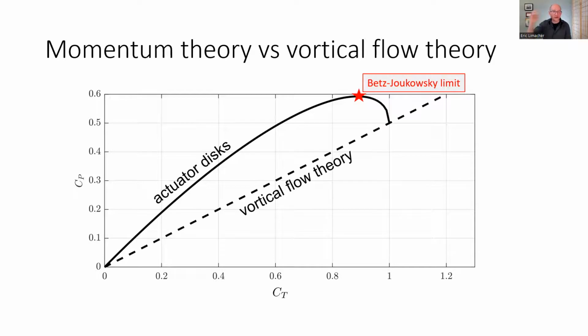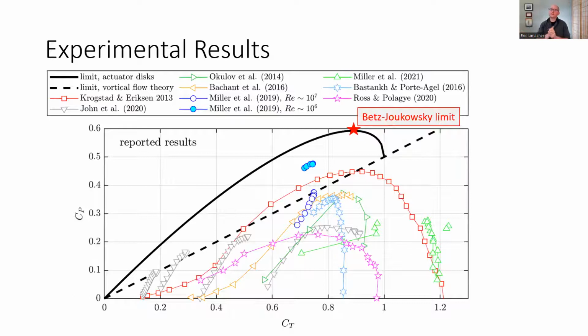Of course, if we let ourselves imagine thrust coefficients usefully generated in excess of 1, perhaps even in excess of 1.2, it is conceivable that we get power coefficients even greater than the Betz-Jakosky limit. And this would be most relevant to devices such as diffuser augmented or shrouded devices, where you have some auxiliary component that isn't part of the prime mover, but which redirects the flow in a beneficial way and sustains drag usefully in the process.